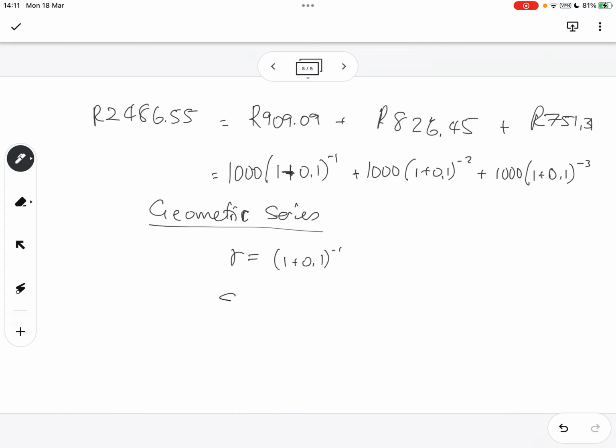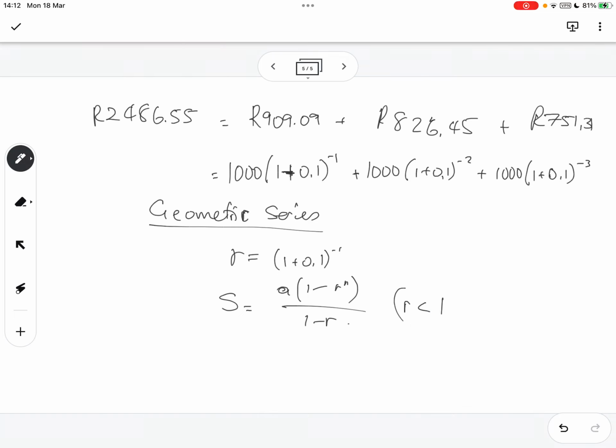So now we're going to use the case where the sum of so many terms is the first term times 1 minus r to the power n over 1 minus r. So we're going to use this one for r less than 1.